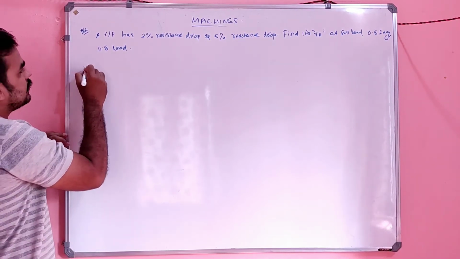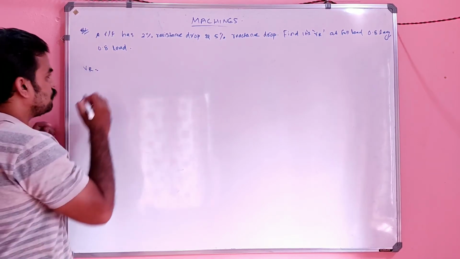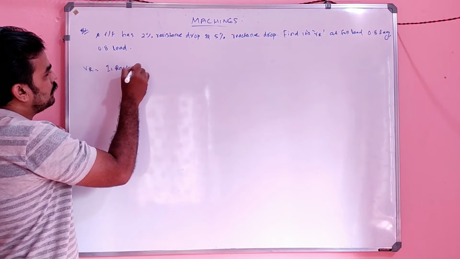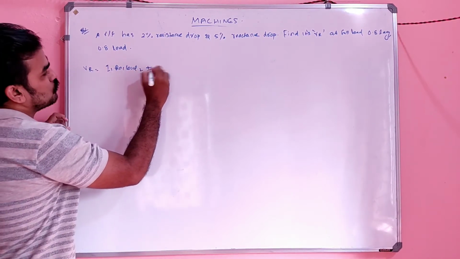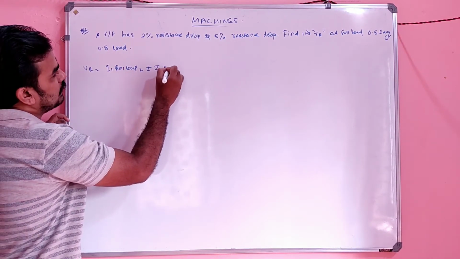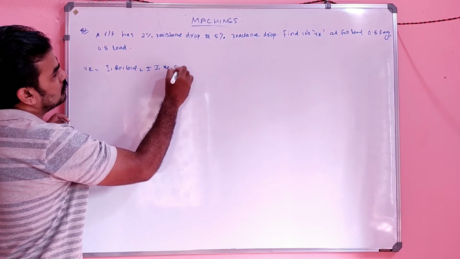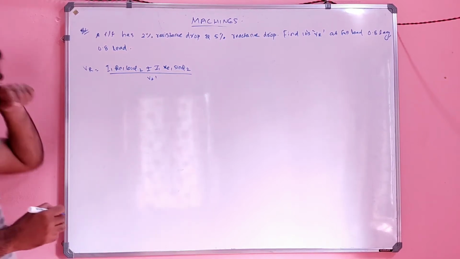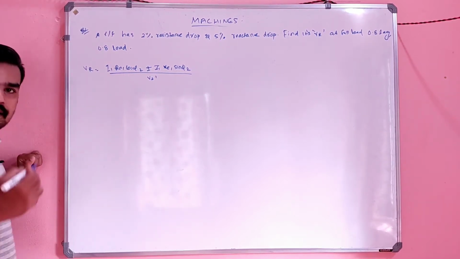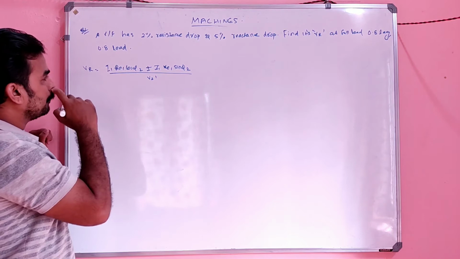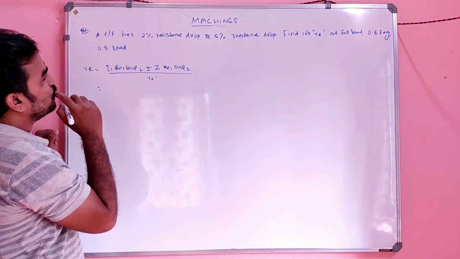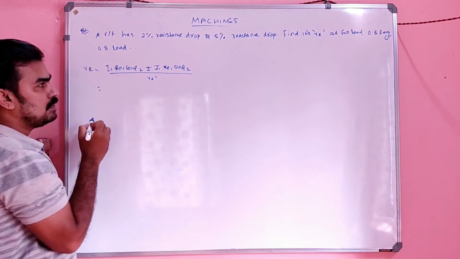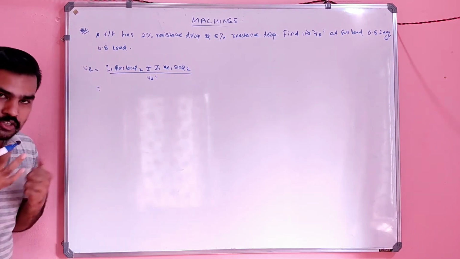So we have the basic equation of VR. What is the equation for VR? I1 RE1 cos phi 2 plus or minus I1 XE1 sin phi 2, whole divided by V2 dash. That is our equation. It is given that 2% resistance drop means I1 RE1 is the resistance drop.